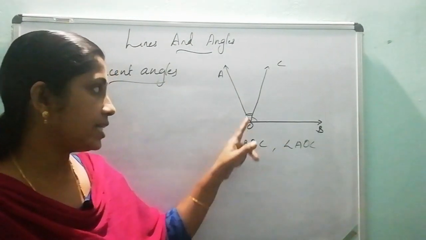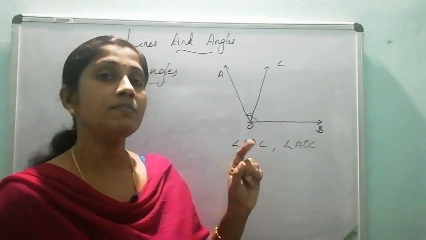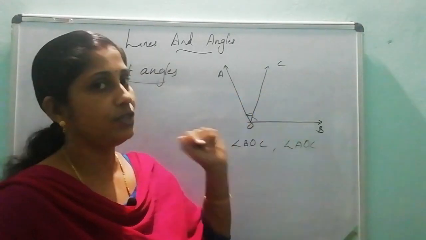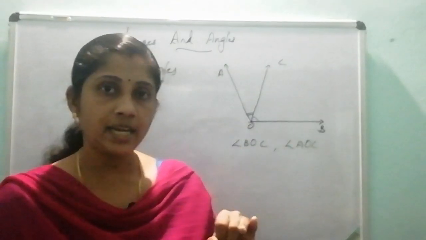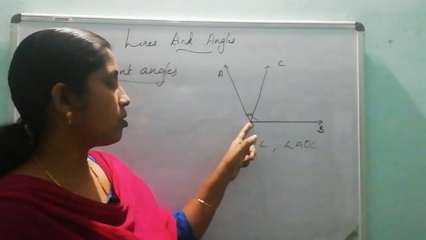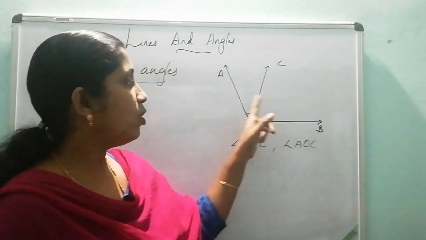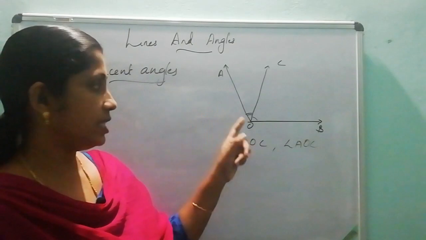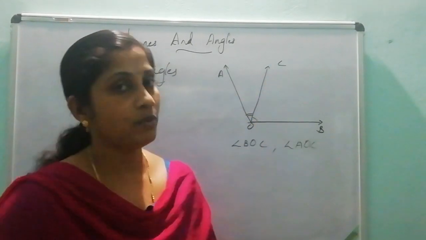So one common vertex, one common arm is there, then the non-common arms are on the different sides of the common arm. Here the non-common arms are AO and OB, and they are on the two sides of the common arm OC.